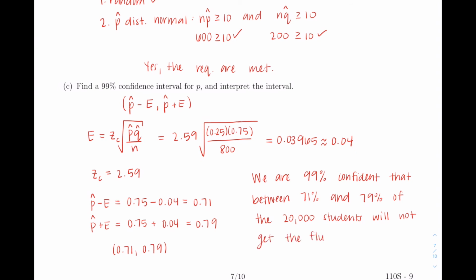It's very important that somewhere in your interpretation you are making note of the fact that you're estimating this for the population and not the sample. Somewhere in your interpretation, make sure to include the word all, the population size, or something about the population, so that it's very clear that you understand what you are interpreting and what you're estimating.